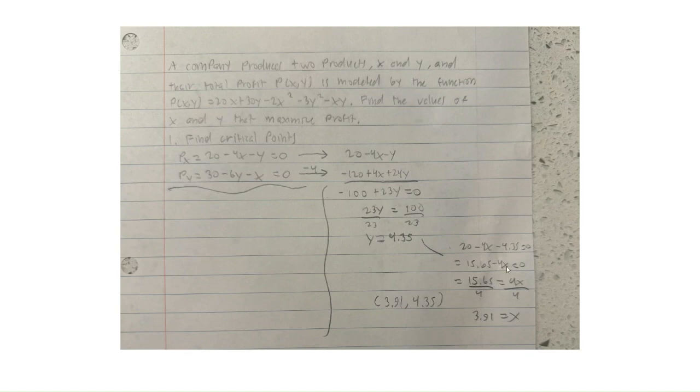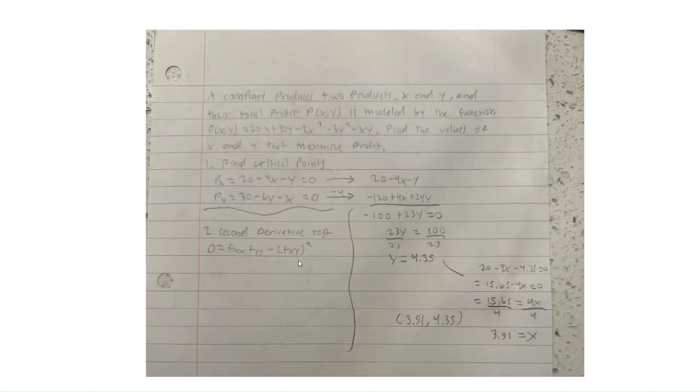And then I isolate the x, divide both sides, and I end up with 3.91 as my x. So our critical point would be 3.91 as our x and 4.35 as our y.